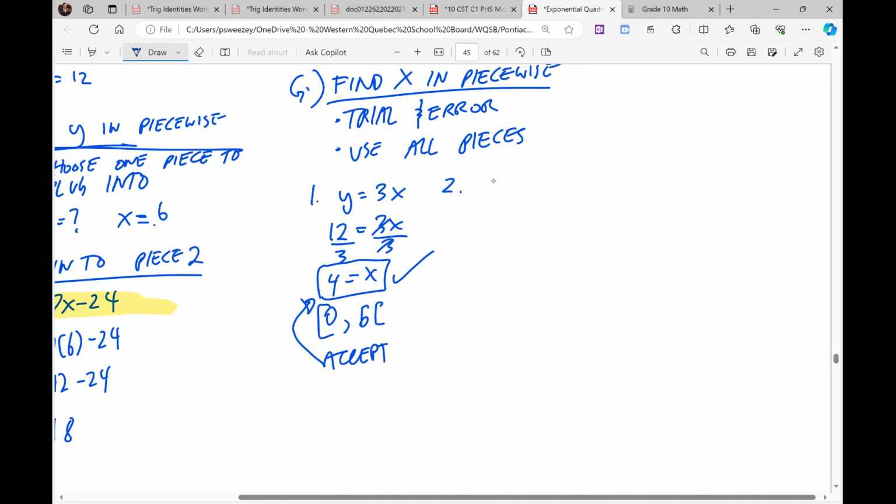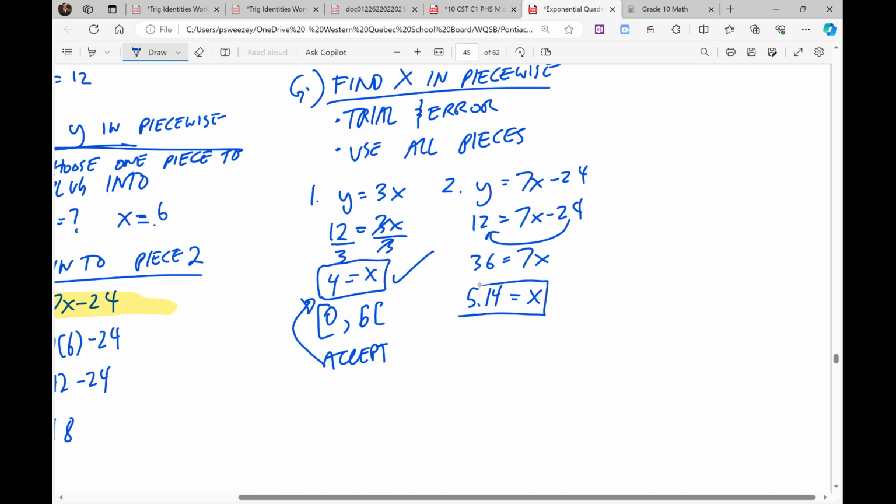So piece number 2, we are going to use y is equal to 7x minus 24. We're going to plug in 12. 12 equals 7x minus 24. Bring that over, we're going to be adding 24 to it. So I'm going to have 36 is equal to 7x, and then whatever 36 divided by 7 is. So x is equal to 5.14, blah, blah, blah. Now, the domain of that piece was between 6 and 12.